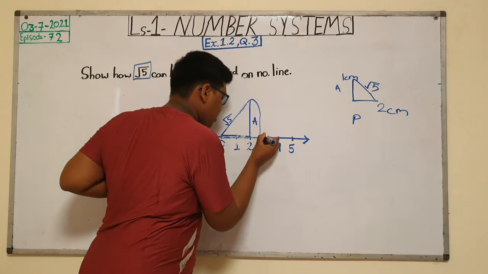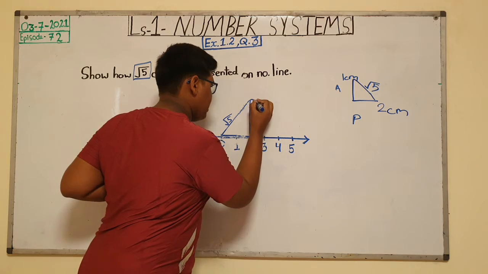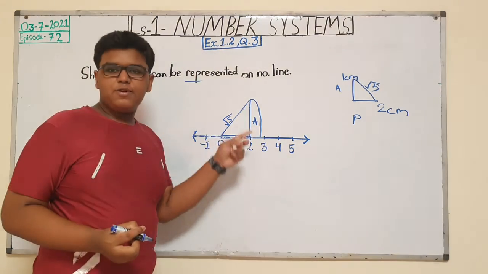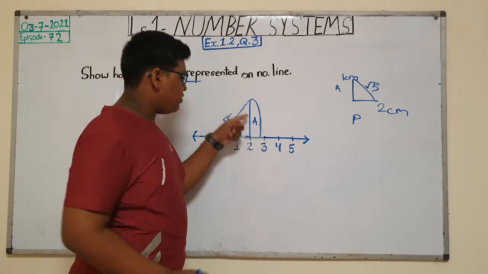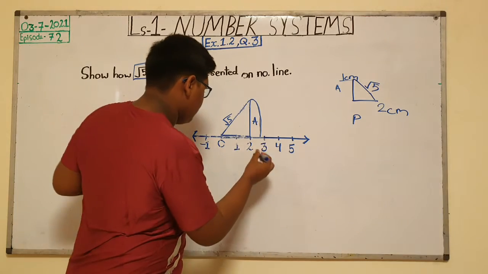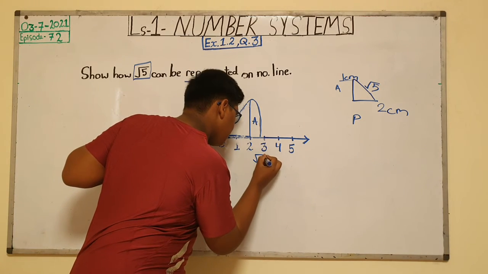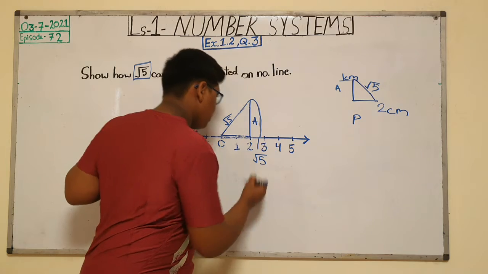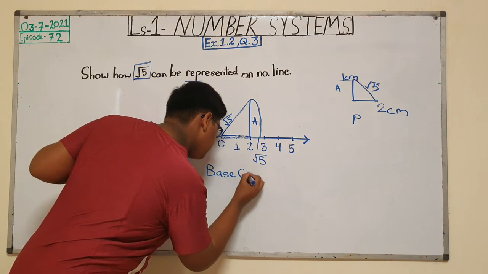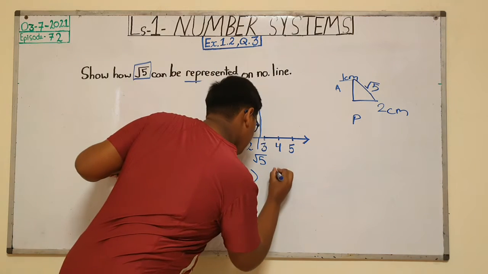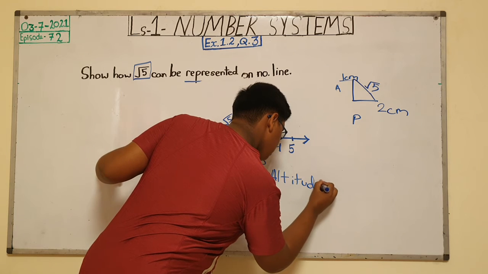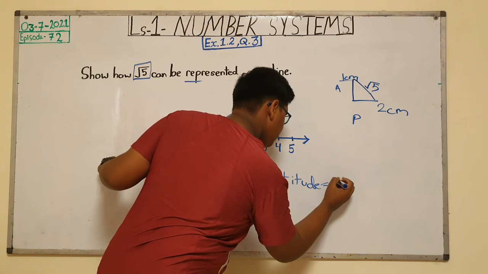We have to take the arc only for 1 centimeter, because we took the altitude as 1. And now here we got root 5. So here the base was equal to 2 and the altitude was equal to 1.